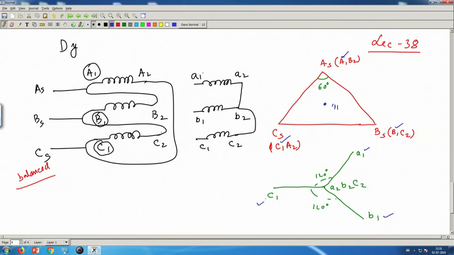Now, the A phase voltage of the primary side is this vertical line with respect to neutral. This is the secondary neutral. It exists, this point. Now, if you draw this A phase voltage of the primary, it is this vertical line.